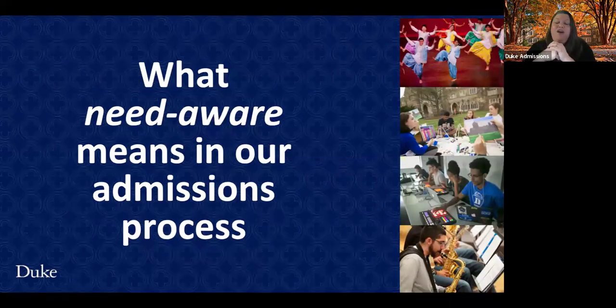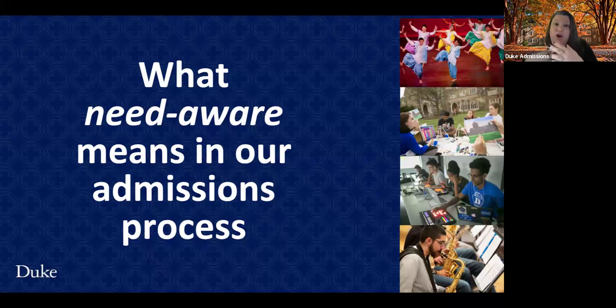So need aware basically just means that we are taking note that you're applying for financial aid, and we are factoring that into our decision. And again, this applies to visa holders and foreign citizens.